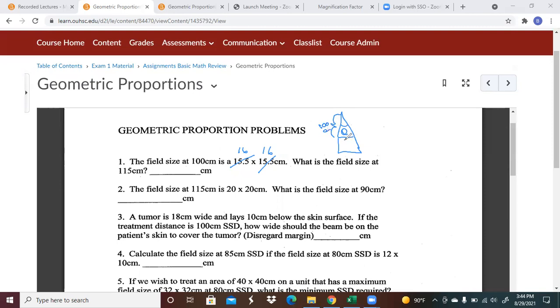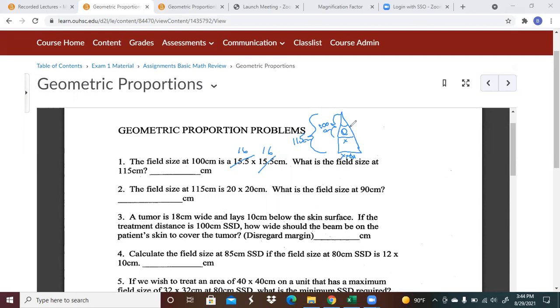And then we've got a length here of x. How does that change when we go a little further to say 115? How does this length change? So that's what we're going to find out here. X plus delta x is how that's supposed to read.